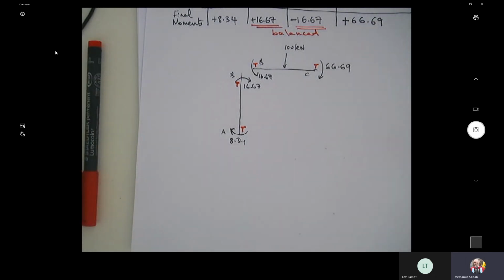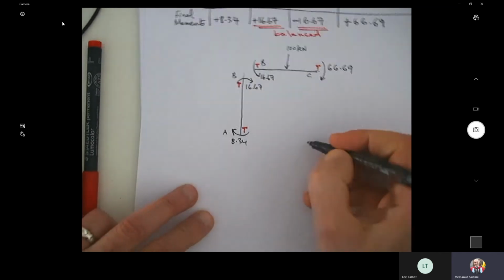Because that's important, because that will tell you on what side of the member you plot the bending moment diagram. Otherwise you have your bending moment all over the place, not the right shape. Do you agree, everyone, please? Okay, right. So this is the bending moment diagram here.